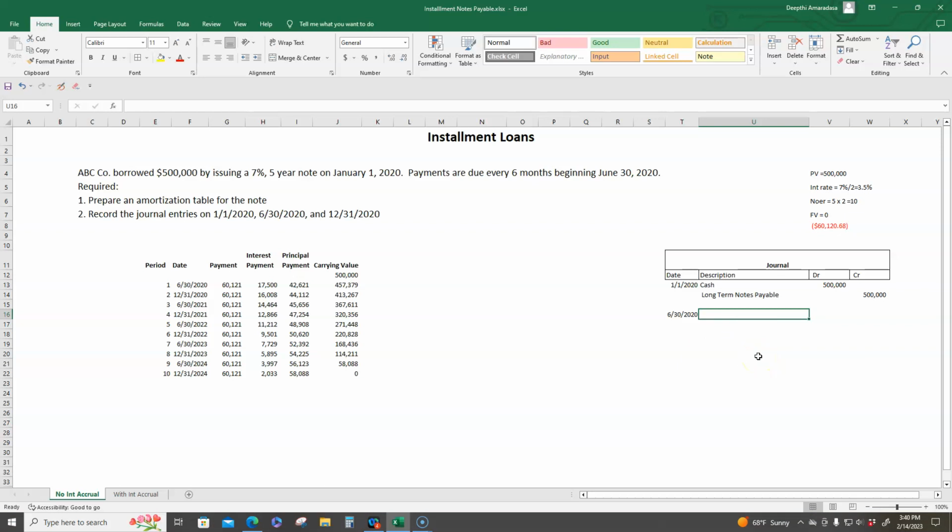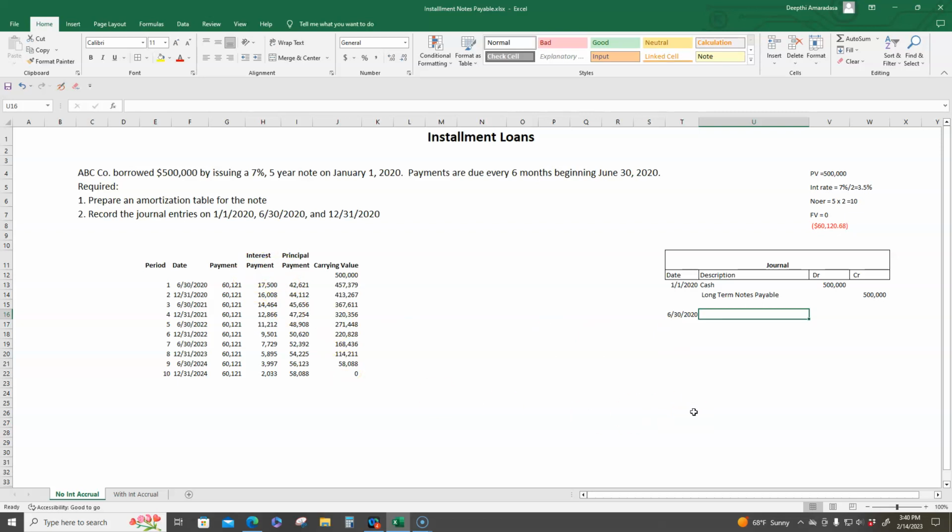So what are the accounts affected by the transaction? We know cash is affected. Cash decreases. We know interest is affected, so interest expense. What happens to interest expense? Interest expense increases. And then what happened to the long-term note? When we pay some of the principal, that decreases.